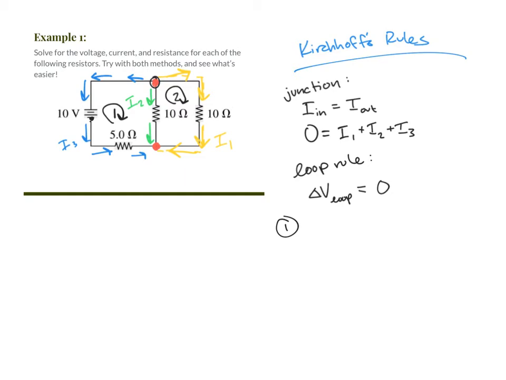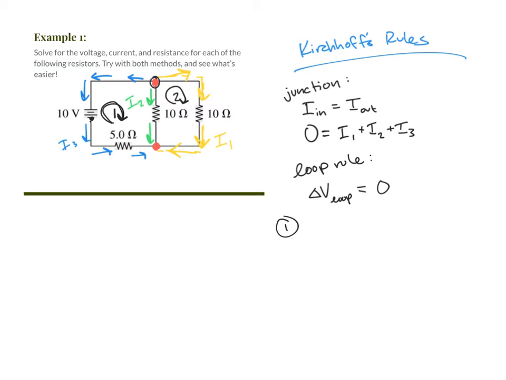You're going to start at that point and go around the circuit in the direction that you predetermined when you drew your little arrow. So this arrow right here, I drew it going clockwise, so I'm going to evaluate the loop going clockwise, even though my currents that I drew may not necessarily go that direction.